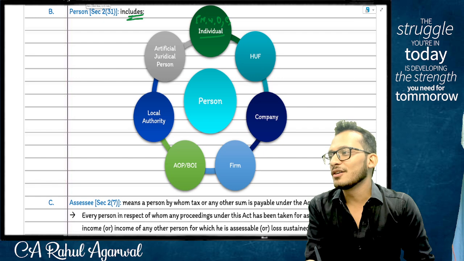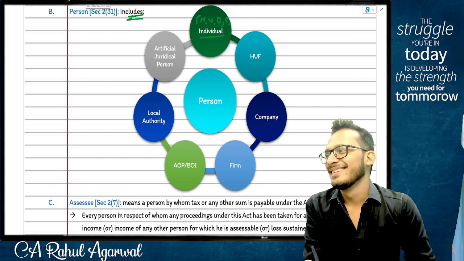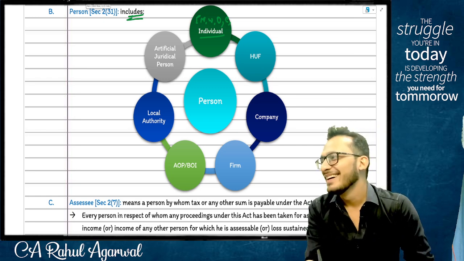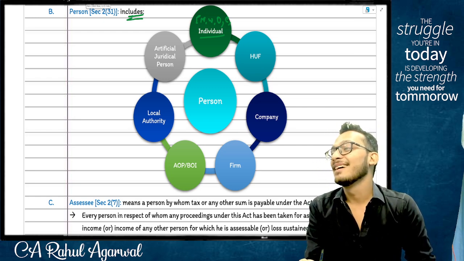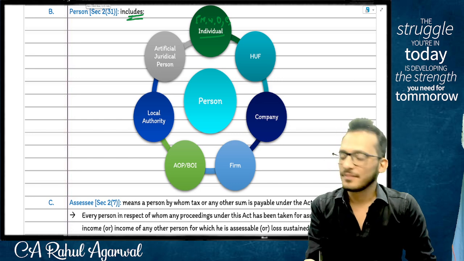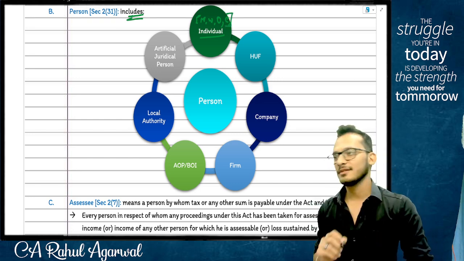And people, dogs, covered, not covered? Robots, covered, not covered? Not covered. This is what the definition is.